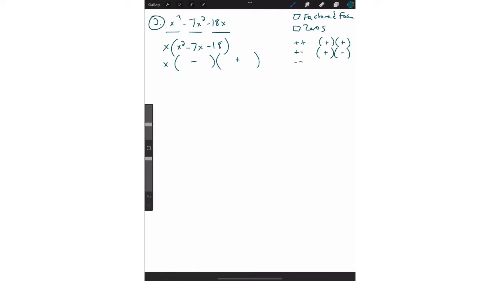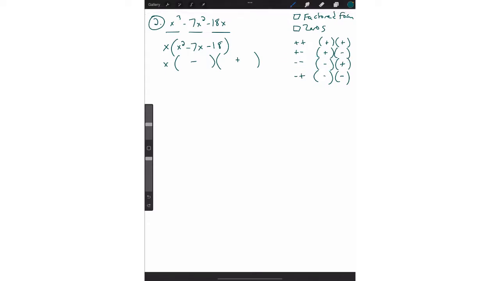A minus minus will give me a minus plus, and a minus plus will give me a minus minus. So in this case, we have a minus minus, so our answer is going to be a minus plus.